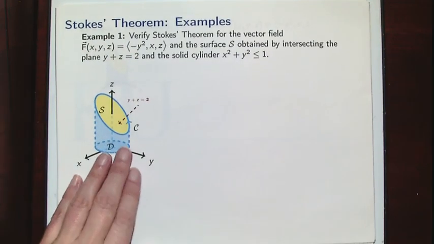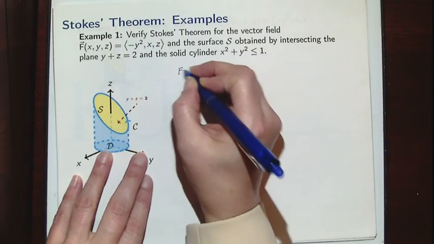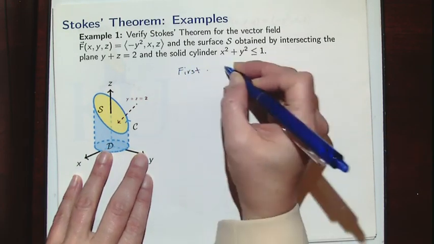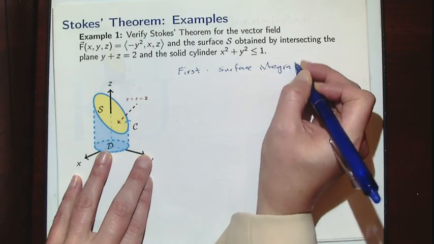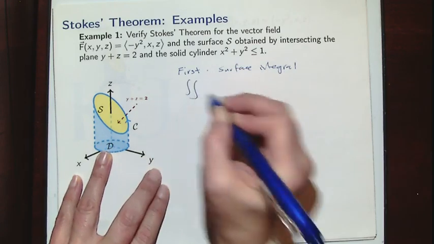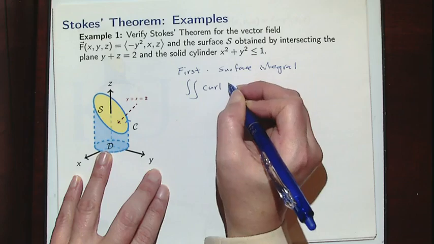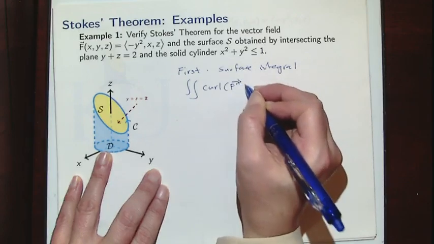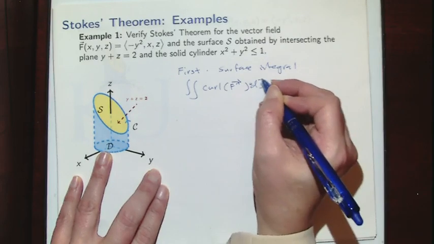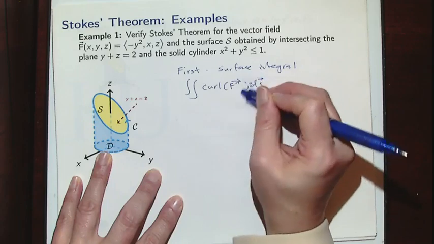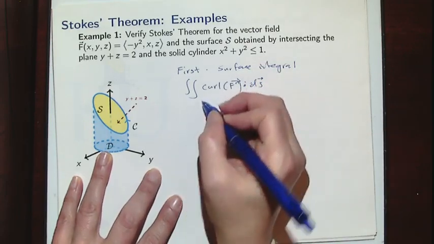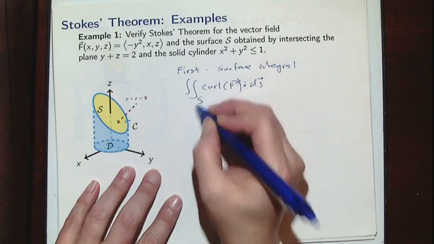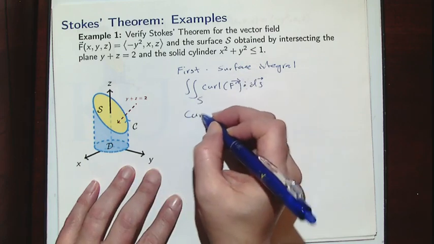So now, first, surface integral. So I have to do the surface integral of curl of f dot dS, and so on the surface S, curl of f.